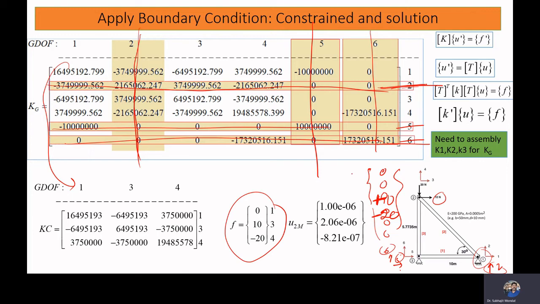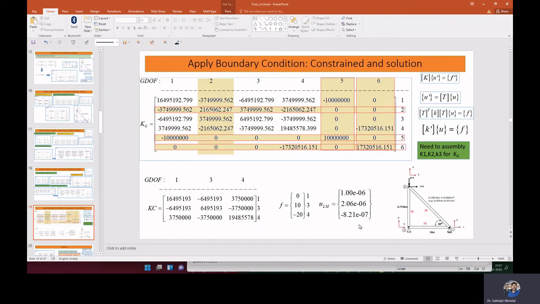Now if we eliminate the second, fifth, and sixth coordinates, we get this vector. Now we can solve this, and we can get the solution.